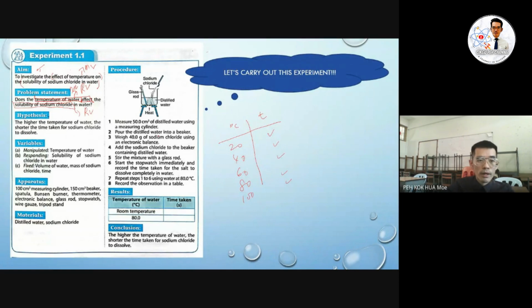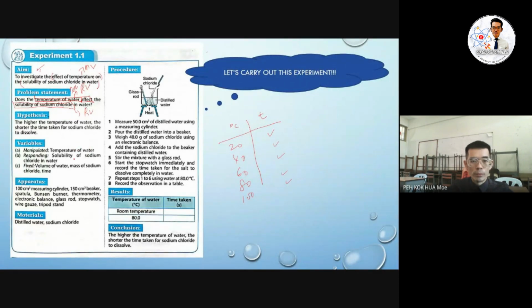Next is the hypothesis, which will also involve the MV and RV. As the temperature of water increases, the time taken for sodium chloride to dissolve will be shorter. You need to give this type of answer. The manipulated variable, as discussed, will be the temperature of water.